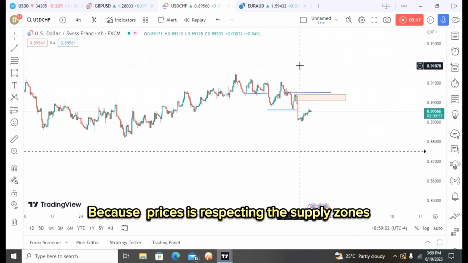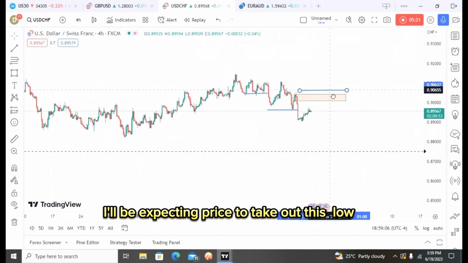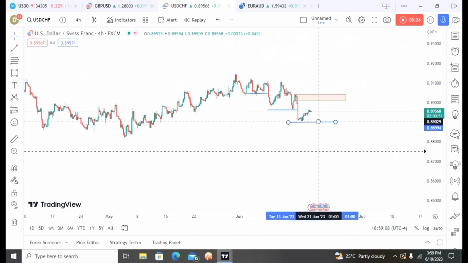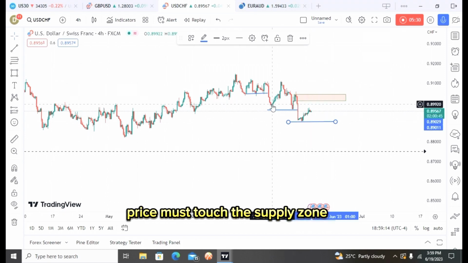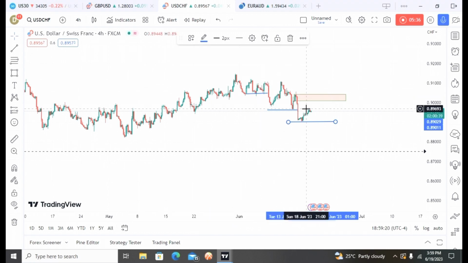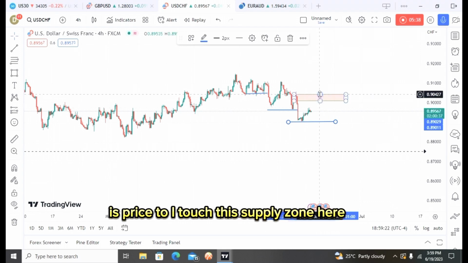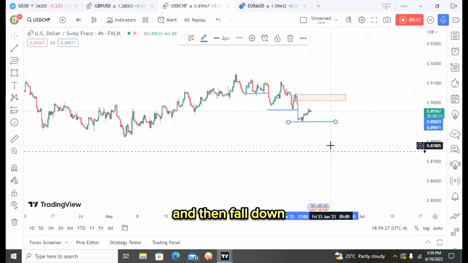Because price is breaking the lower structure, I'll be expecting price to take out this low next. And before price takes out this low, price must touch the supply zone, because before price took out this low here, it touched the supply zone here. So what I want is for price to touch this supply zone and then fall down.